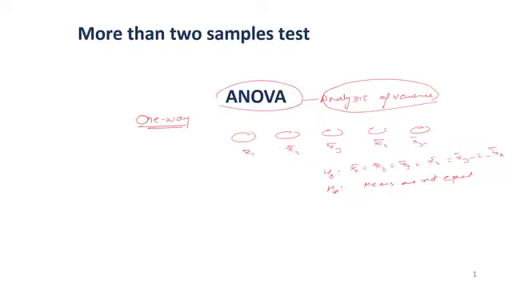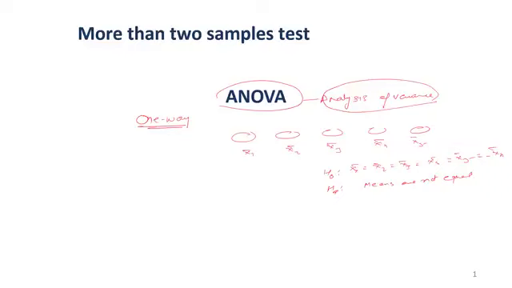After this, I can analyze further: for whichever person the mean is very low, I compare that person with another person and apply the two sample test to prove whether that person is significantly different or not.